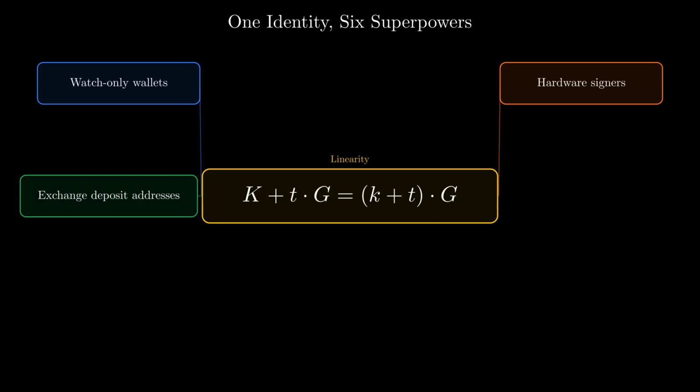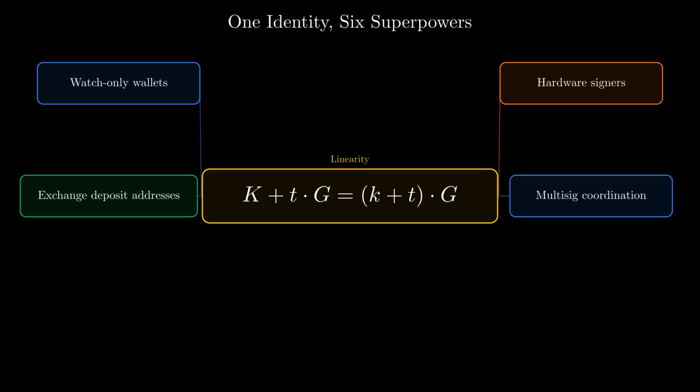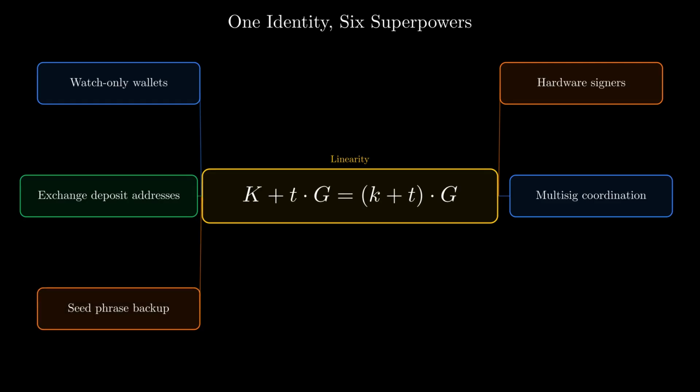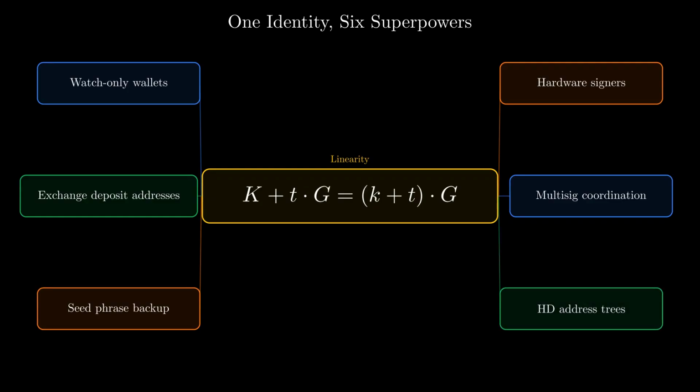It enables exchanges to assign a unique deposit address to every user from one master key. It enables multi-sig coordinators to synchronize key derivation across multiple parties. It enables the 12-word seed phrase that backs up a lifetime of addresses on a piece of paper. Every modern Bitcoin wallet, hot, cold, hardware, mobile, multi-sig, is built on this trick.